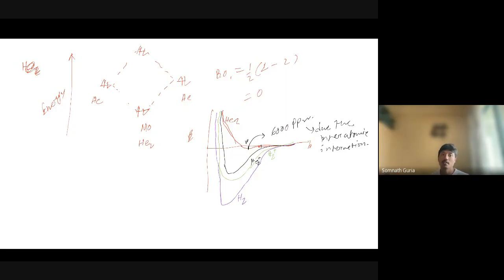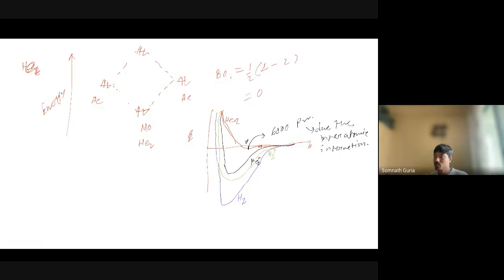We found the He2 molecule is not possible because the bonding energy is very low and the bond length is huge. It is around 6000 picometer. Sorry, it's not ppm, it is picometer. Sorry about that.